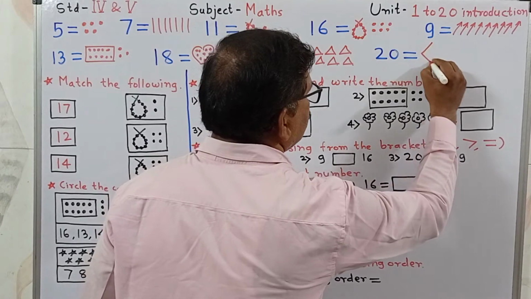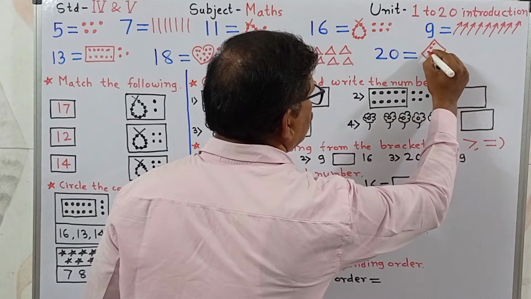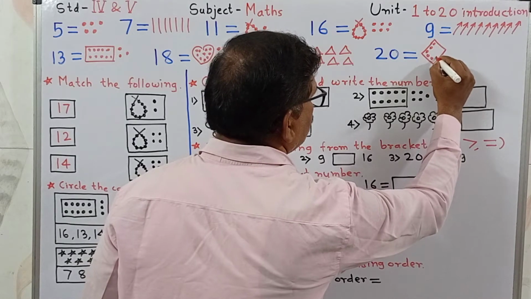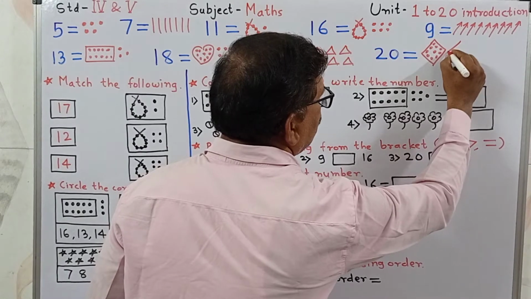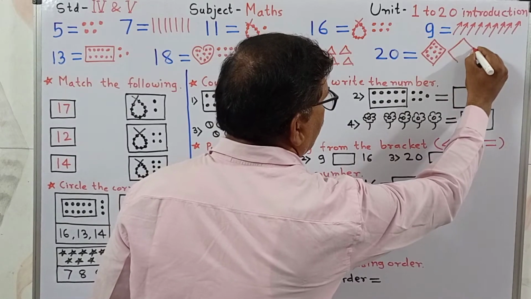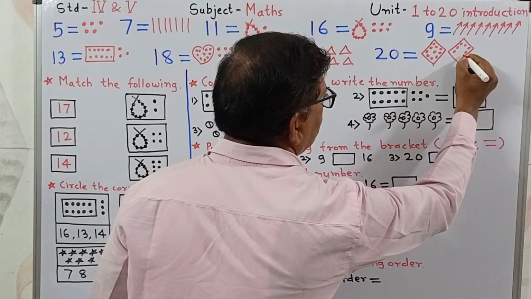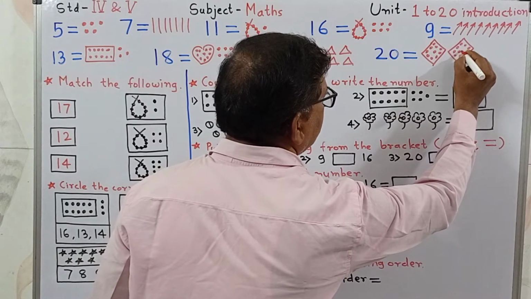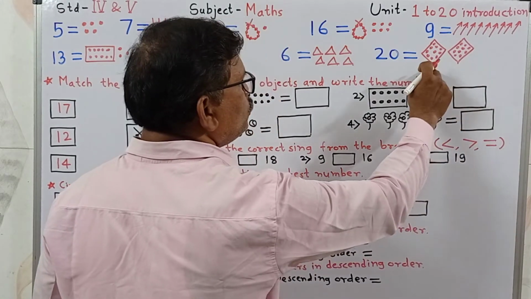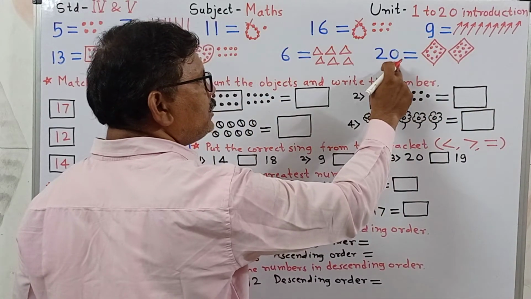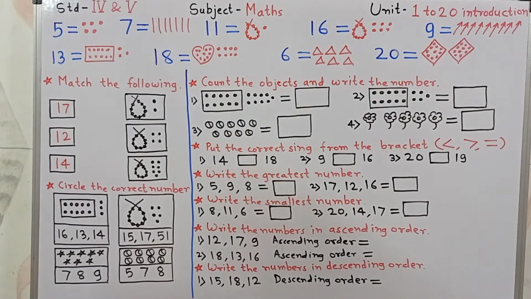Listen. 1, 2, 3, 4, 5, 6, 7, 8, 9, 10. 1, 2, 3, 4, 5, 6, 7, 8, 9, 10. 2 tens, 20. Okay?